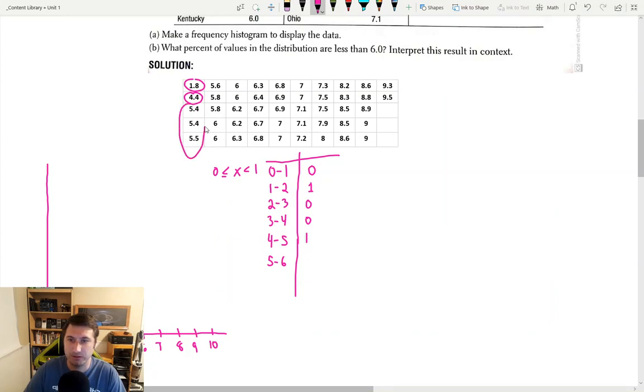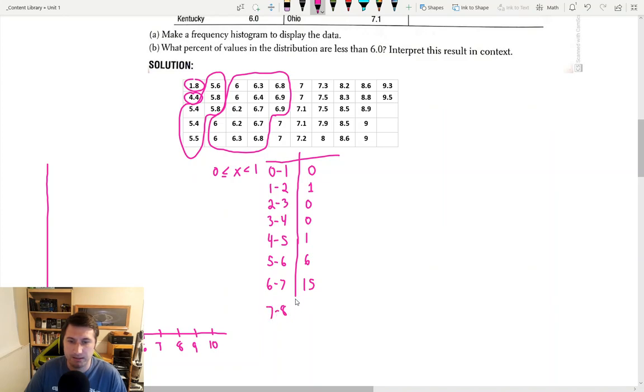So it is all of these right here. How many are they? 1, 2, 3, 4, 5, 6. And then from 6 to 7, we have all of these, but not including the 7. So it's this bunch right here. We are binning those together. So we have 5, 10, 11, 12, 13, 14, 15.